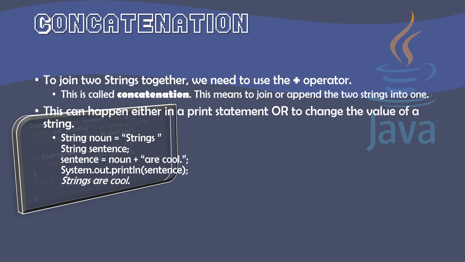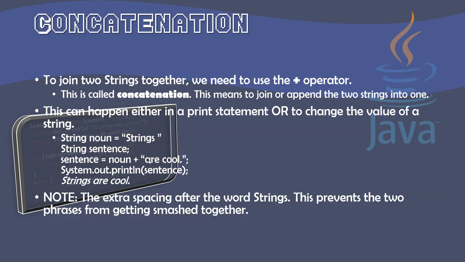If I now say sentence equals noun plus " are cool", and I print out sentence, it'll say "strings are cool". It's going to do that because it's joining together "strings" and " are cool". And you'll also notice it's not just joining them together, but it's restoring it back into the value of sentence. So before here, sentence doesn't have a value, but now it's equal to the value of these two joined strings.